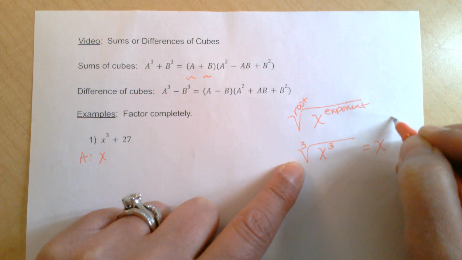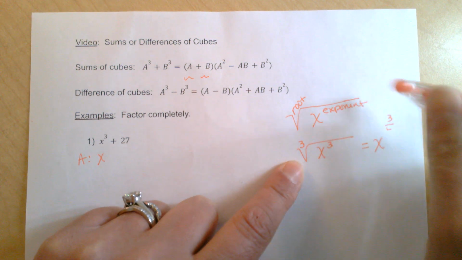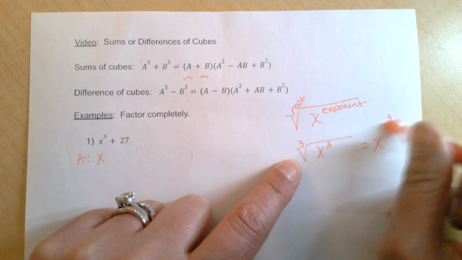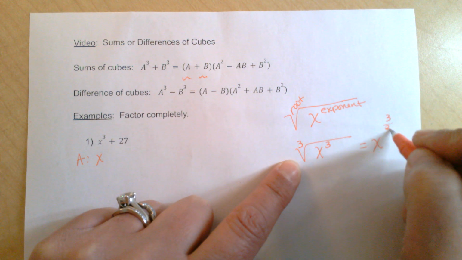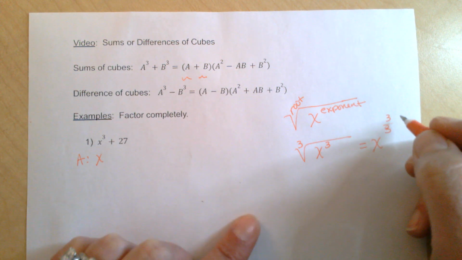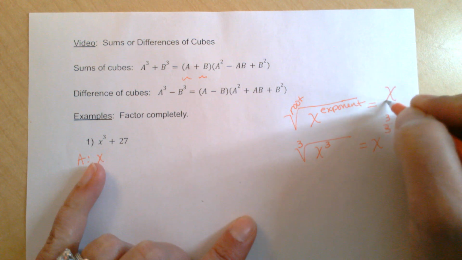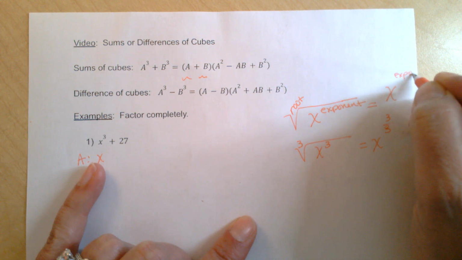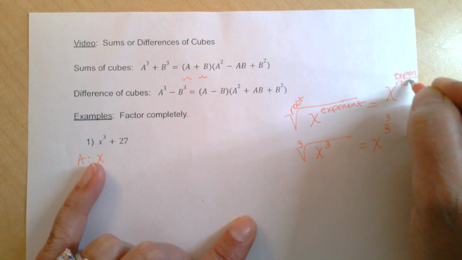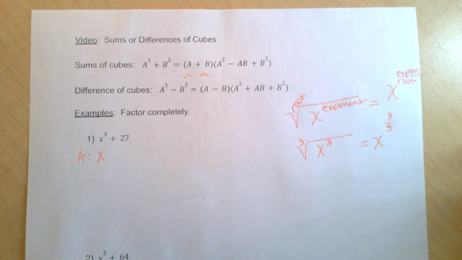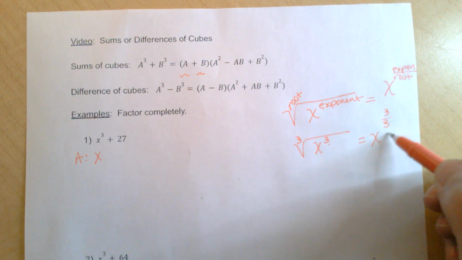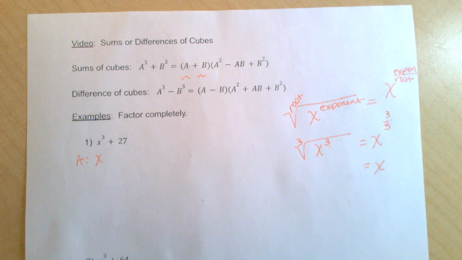So we're going to get x to the 3 divided by 3. So we did equals x to the exponent divided by the root. That's what we did here. 3 divided by 3. And we got x. So that's how you take the cubed root.